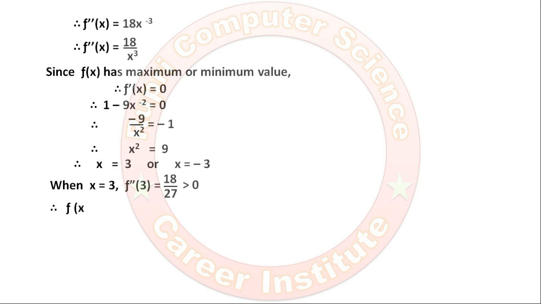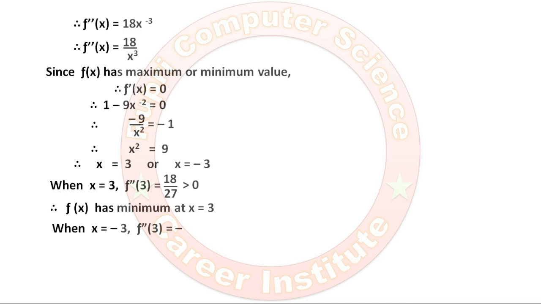Therefore f x is minimum at x is equal to 3. Now when x is equal to minus 3, f double dash of minus 3 is equal to minus 18 divided by 27, and it is less than 0.